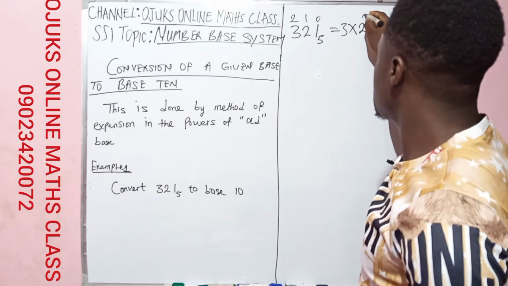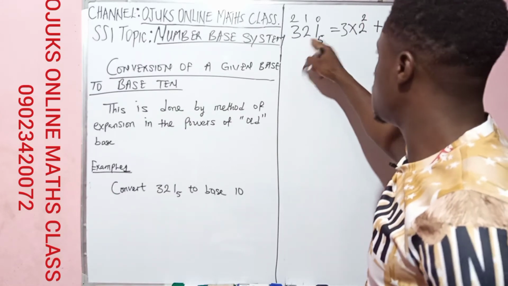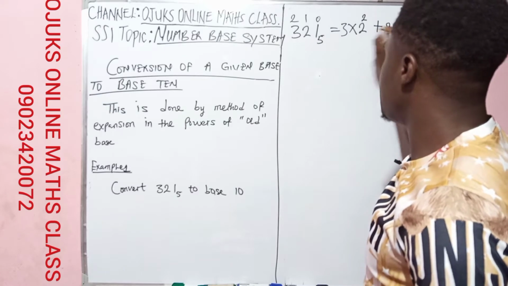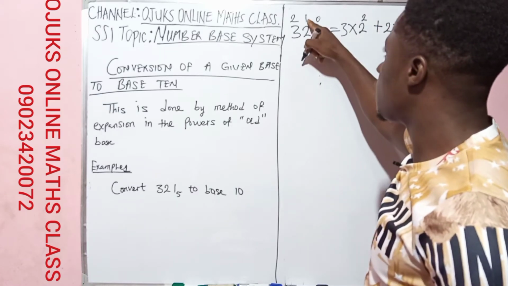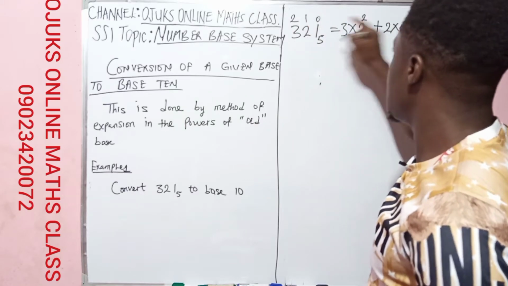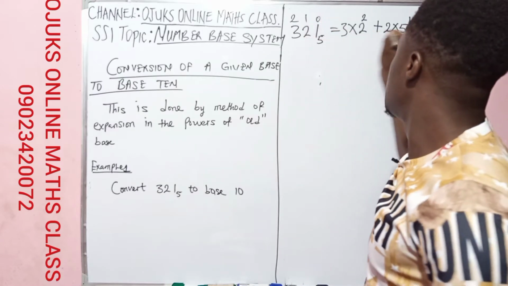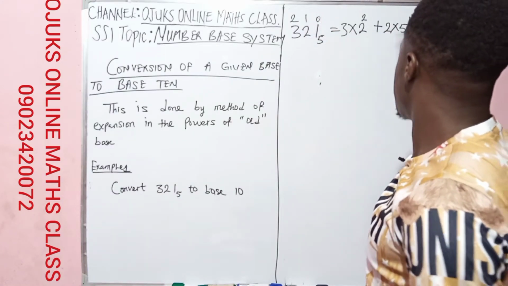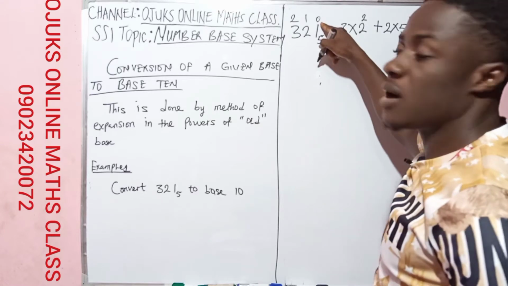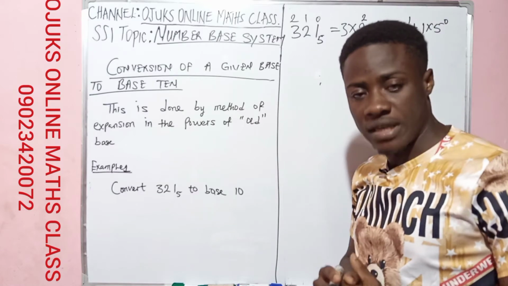So we'll have raised to power 2, plus, then the second number is 2. We'll have 2 times the base, which is 5, raised to the power of what? 1. You can see there that 2 is having the power of 1. Then plus 1 times 5 raised to the power of what? 0.